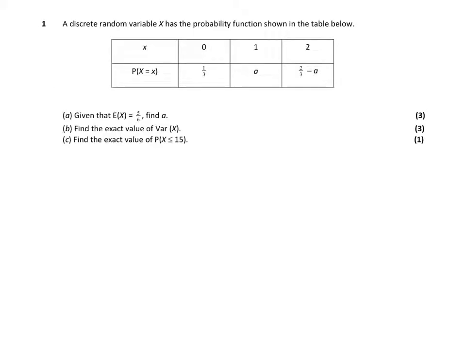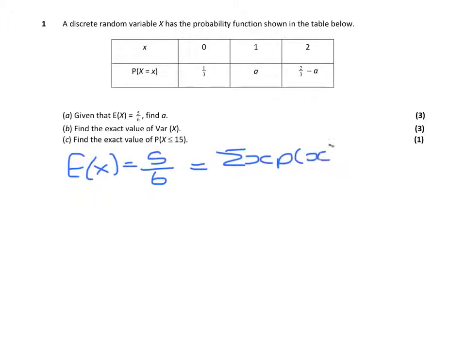In this first example, we're given information about the expectation of x, and we're told that the expectation of x is 5/6. We're going to use our formula, the sum of the x values multiplied by their probabilities.